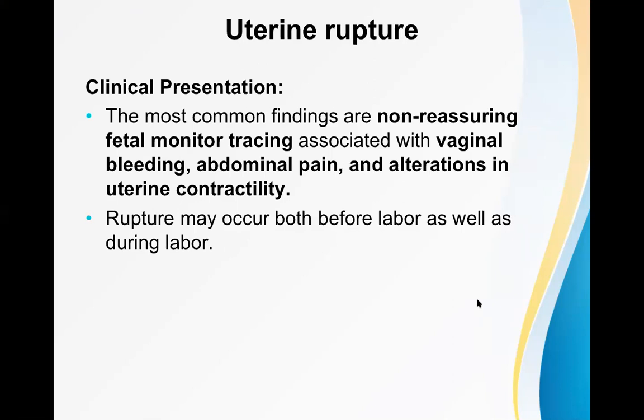Now, what is the clinical presentation of uterine rupture? One of the presentations is vaginal bleeding. That's why we are including this under the antepartum hemorrhage topic. Another one, severe abdominal pain. Third, there is alteration in uterine contractility because of the tear of the uterus. The uterus is torn, there is a rupture, the walls have completely given way.